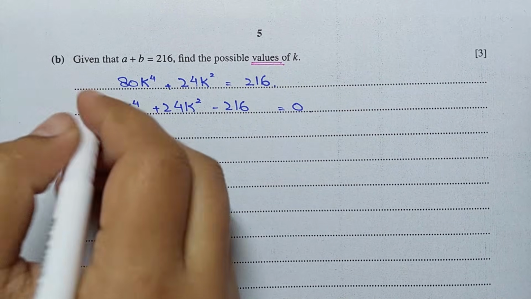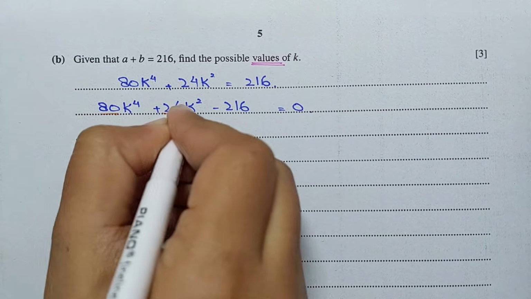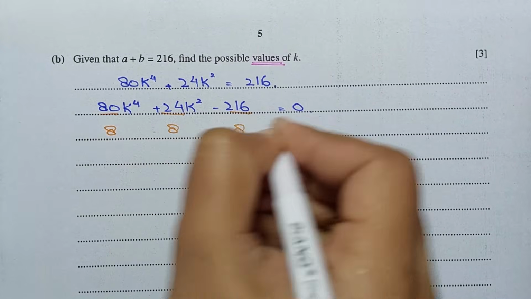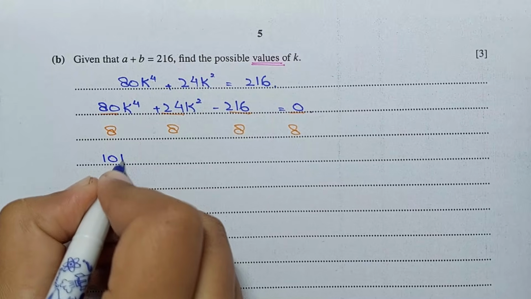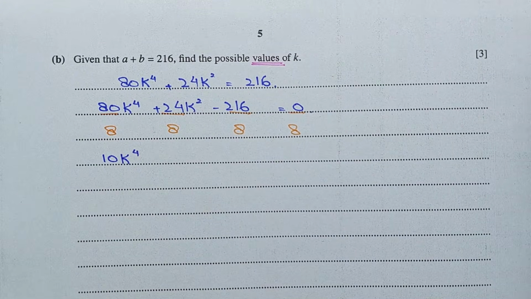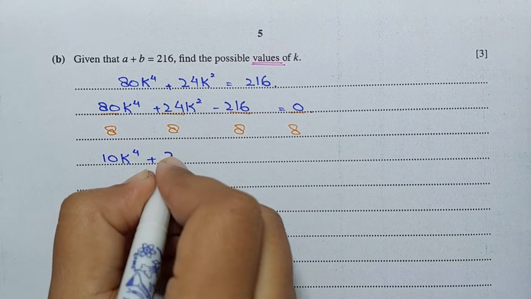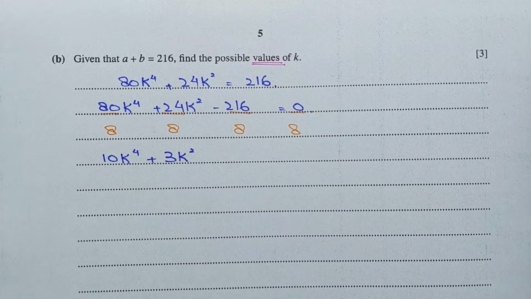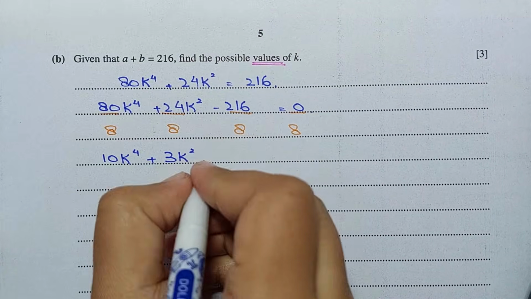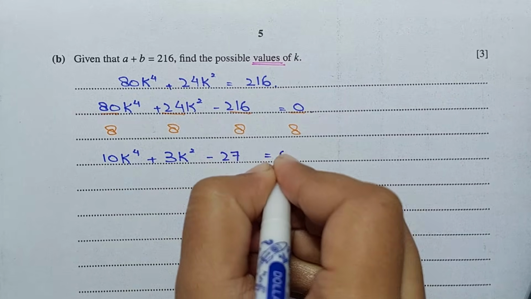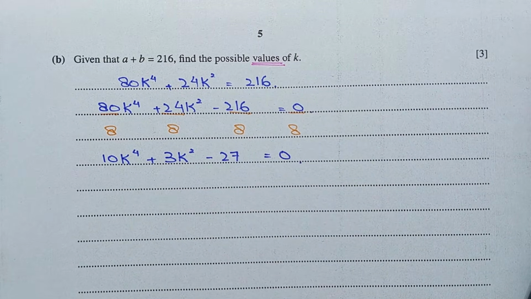So let me divide everything by 8 on both sides. 8 times 10 is 80, k to the power 4. 8 times 3 is 24, k squared. And 216 divided by 8 is 27, minus 27, this is equal to 0. Okay, now here we do the factorization. It is a quadratic equation in k squared, right? So we have to do the factorization.